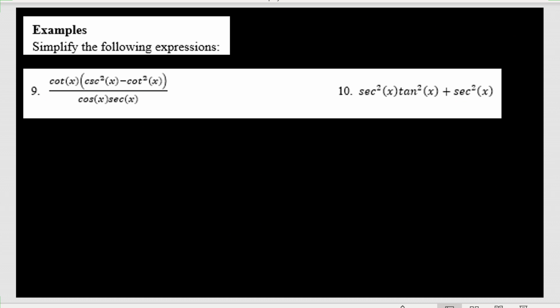Number 6, cotangent of x multiplied by the quantity of cosecant squared of x minus cotangent squared of x, all over cosecant of x multiplied by secant of x. All right, that is a lot. Let's take it piece by piece. Let's keep cotangent just like it is for right now. Let's look at the next identity. Remember, our identity for cotangent is cotangent squared plus 1 equals cosecant squared.